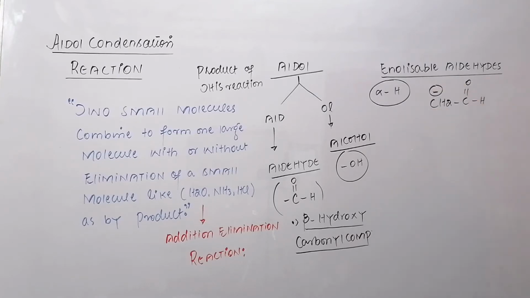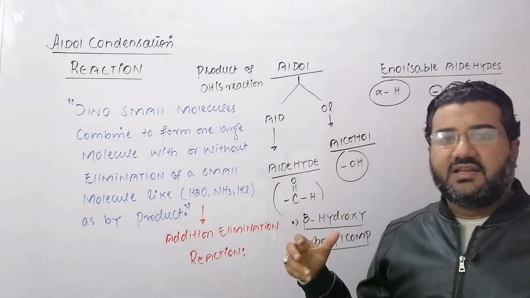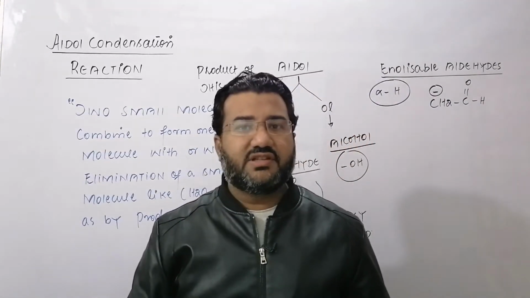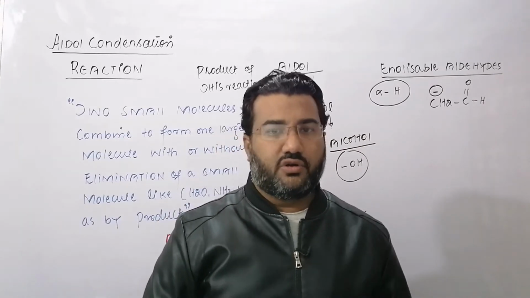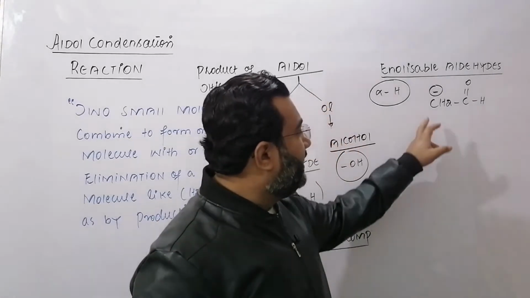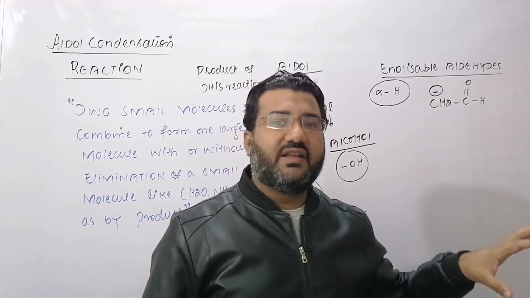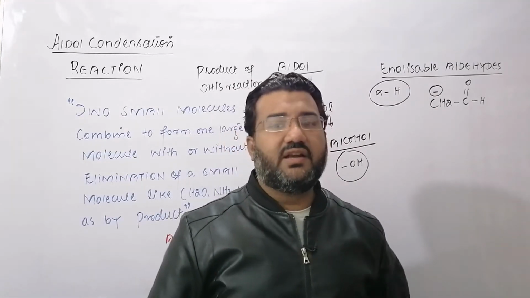These aldehydes can be changed into the enolate ion, so that's why they are called enolizable aldehydes. And they can also be changed to enols through tautomerism, as the enolate ion can be changed to enol.